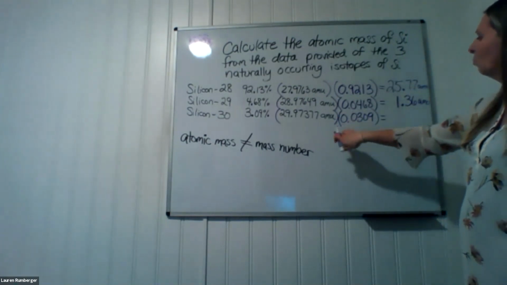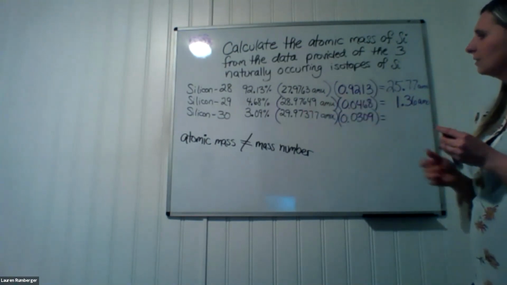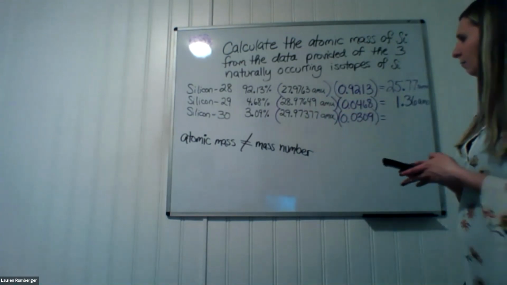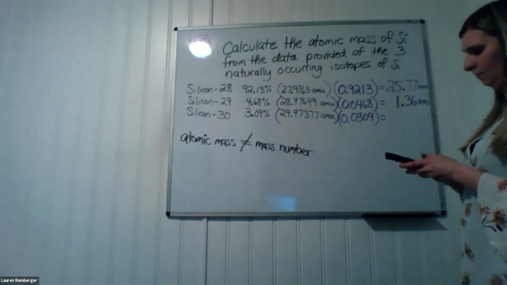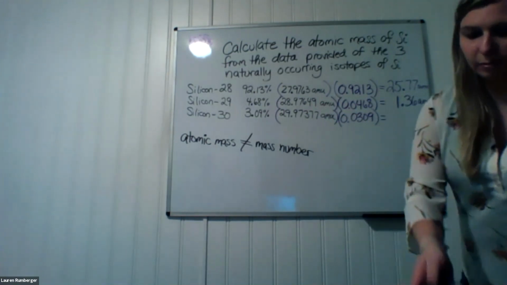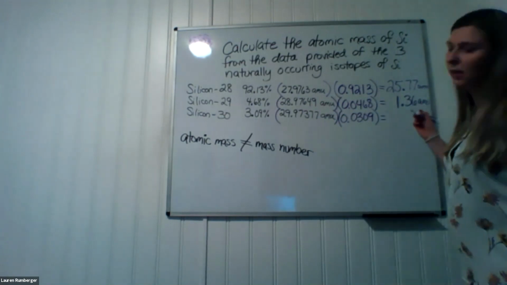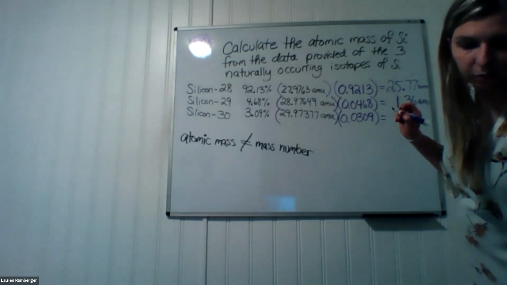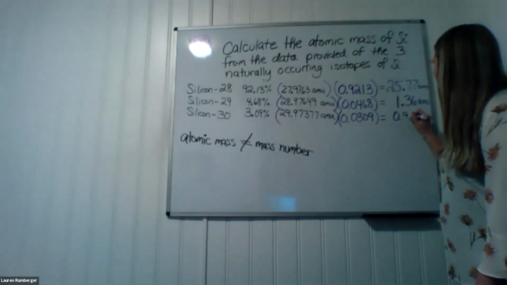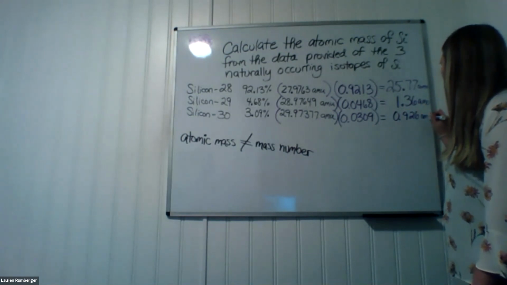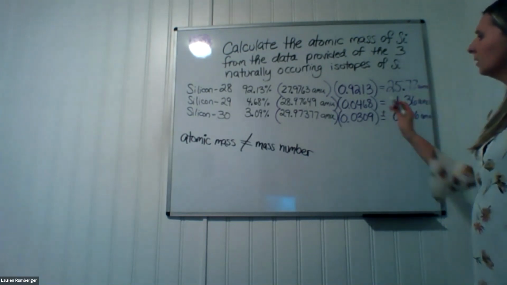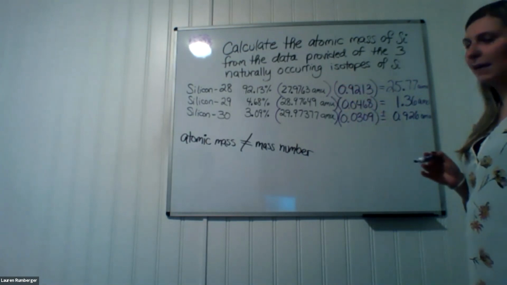And then when we take 29.97377 times 0.0309, you'll get 0.926. We do 3 significant figures, 0.926 AMU.